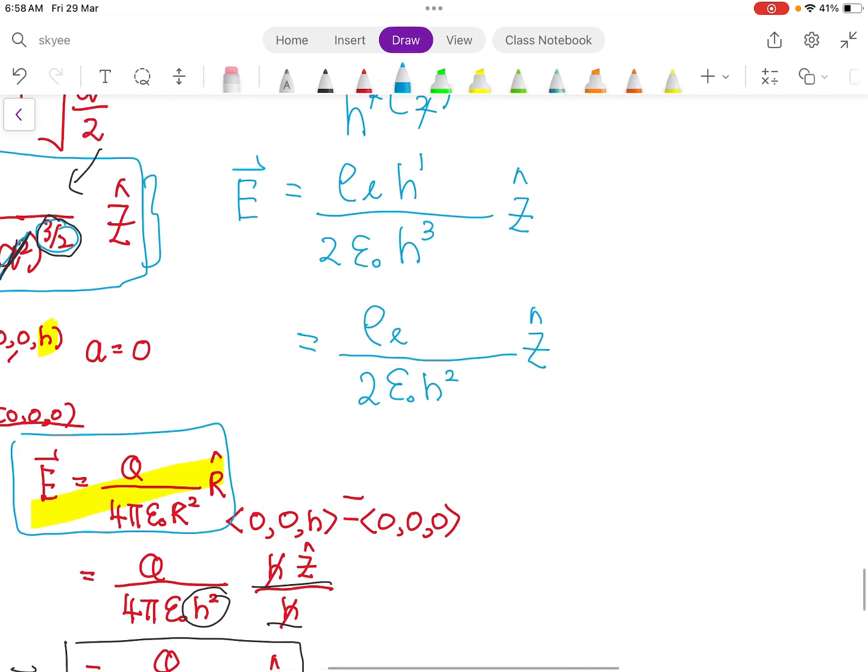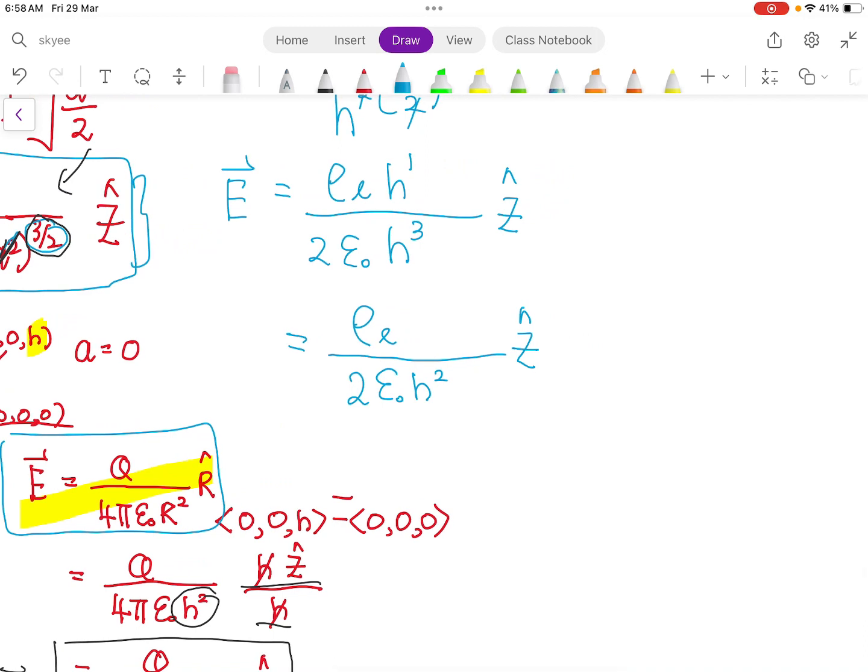The question tells us that the total charge of the ring is Q. This is a line charge, so Q is the integration of rho L dl, the length of the ring.